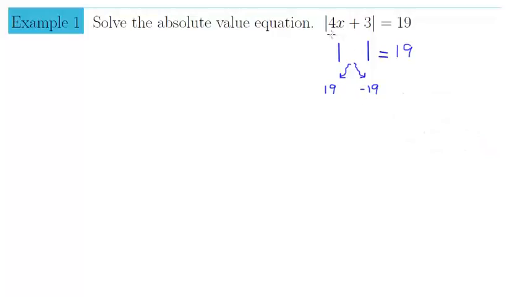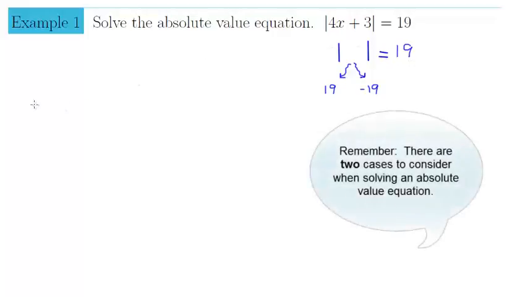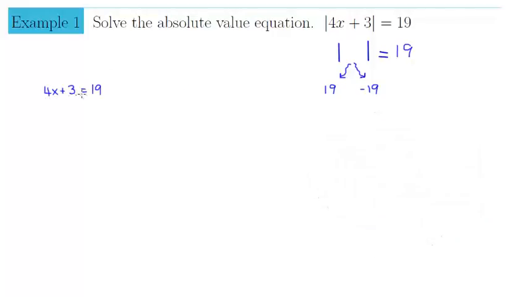That means that the expression 4x plus 3 is equivalent to two different answers. 4x plus 3 is equivalent to 19, or it could also be equivalent to negative 19, because both of those numbers, when placed in the absolute value, give us positive 19. This creates for us two cases that we were talking about earlier. Let me write them down for you. In the first case, 4x plus 3 equals positive 19.